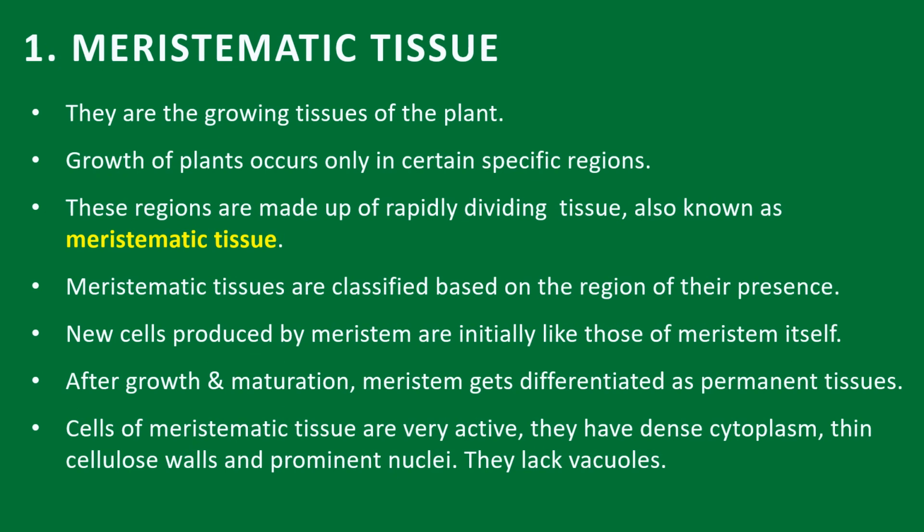First category of plant tissues is meristematic tissue, and these are growing tissues of plant. Now, as I mentioned earlier, plants cannot grow at all the places. The whole of plant body cannot grow. Growth in plants occurs only at certain specific regions, and these regions are made up of rapidly dividing tissue known as meristematic tissue.